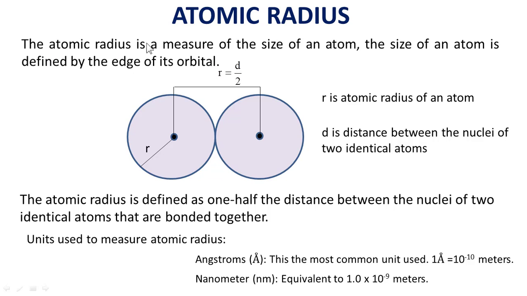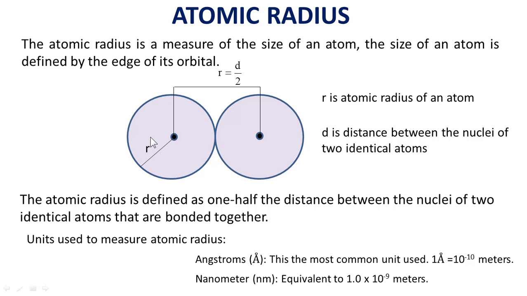The atomic radius is a measure of the size of an atom, and the size of an atom is defined by the edge of its orbital. Look at the figure here. You can see this is an atom, this is the nucleus, and these are the electron shells. From the center of the nucleus to the outside, the farthest shell, this is the radius or atomic radius.